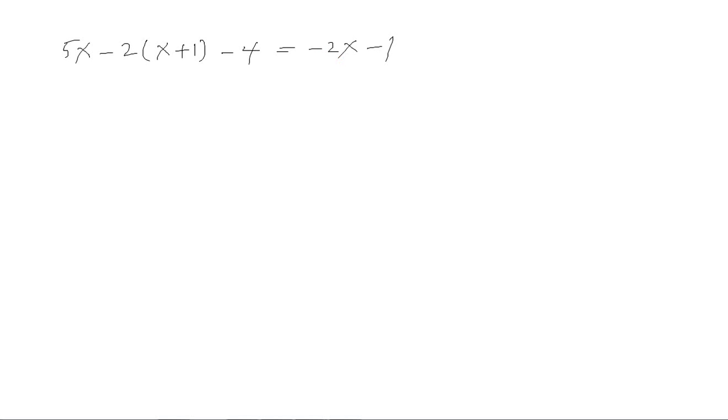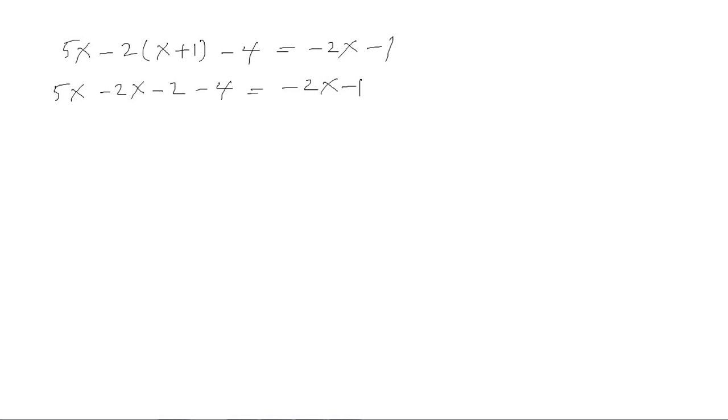Okay. First thing I need to do here is distribute this 2, because 2 is the coefficient of x plus 1. It affects both x and 1. So 5x minus 2x minus 2 times 1, minus 2, minus 4 equals minus 2x minus 1.